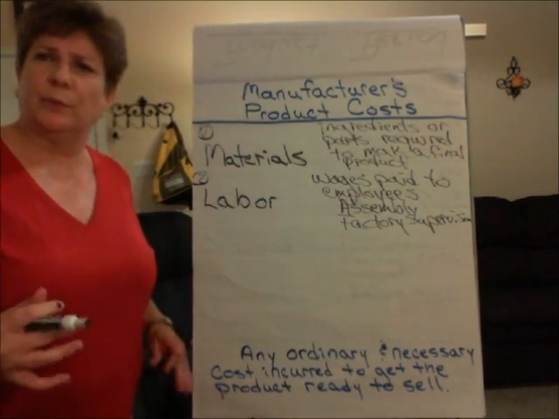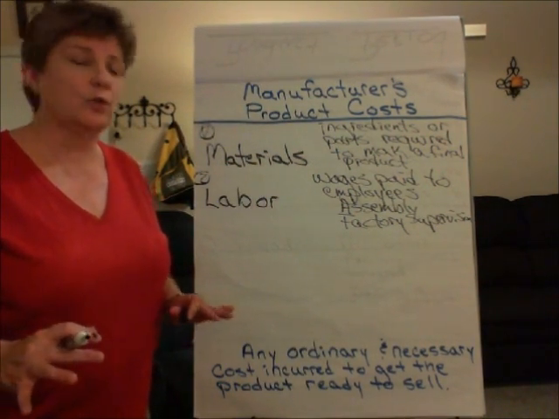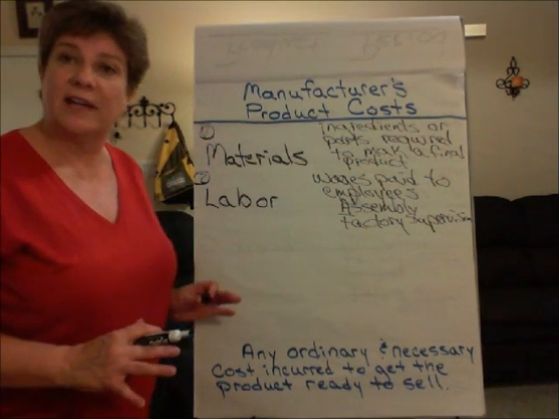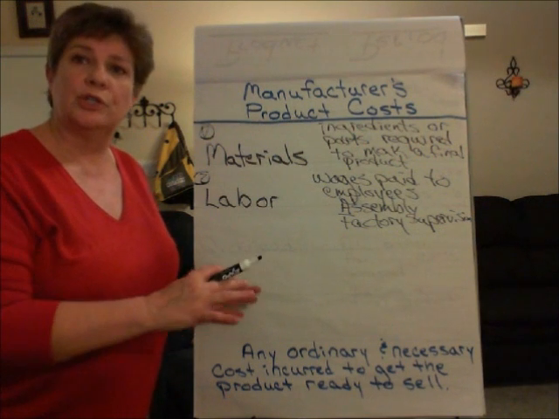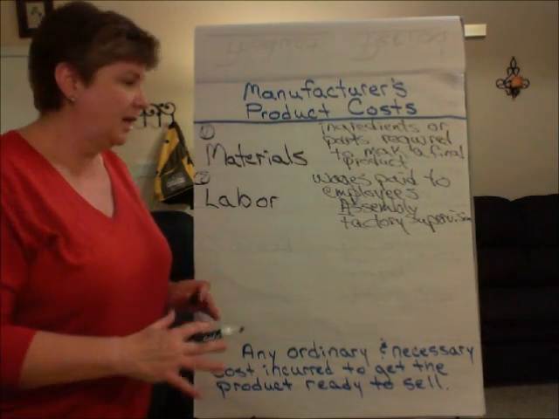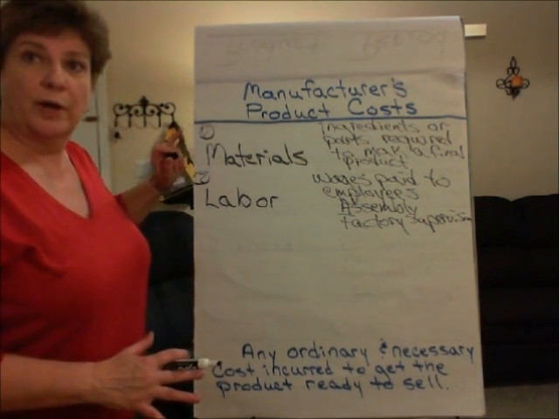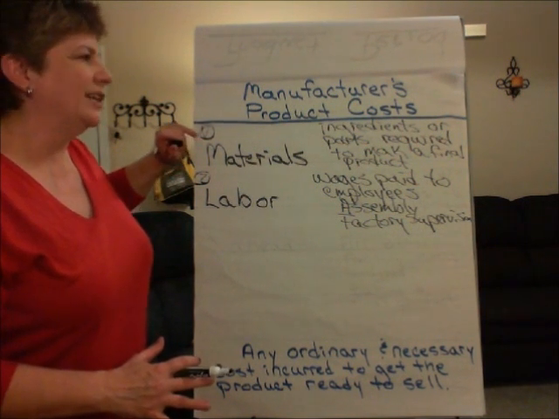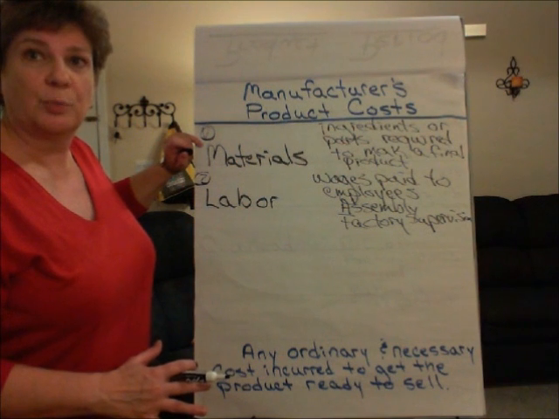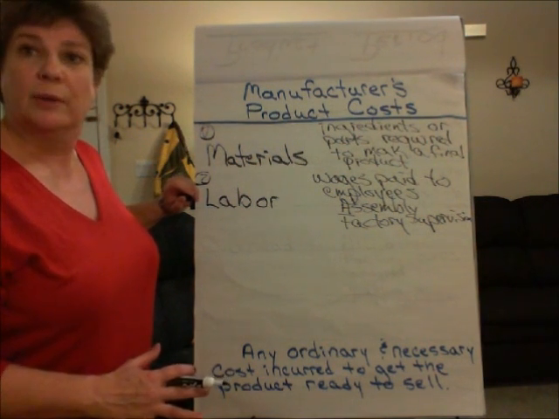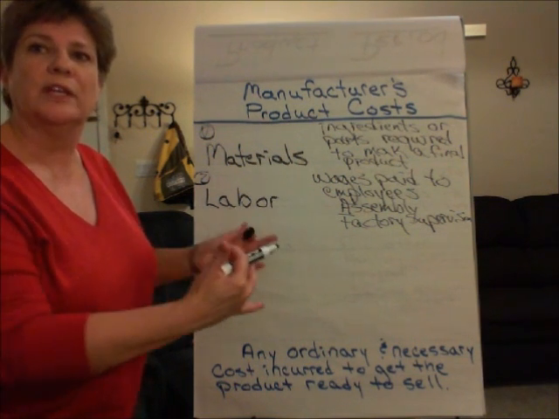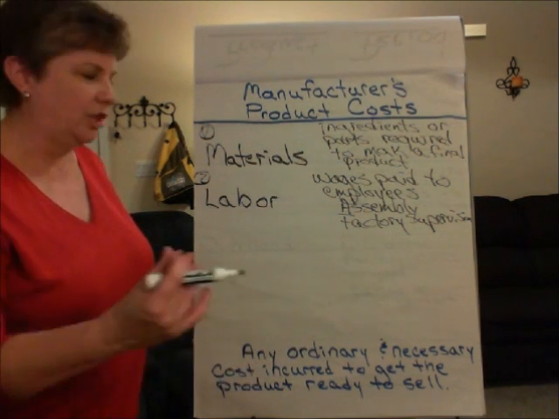So in a few minutes, when we talk about direct versus indirect, we're going to see how these two costs of labor are classified differently in relation to the cost object, the product. So materials, one product cost; labor, a second product cost; the cost of the ingredients required to make the finished product; and the cost of the employees who assemble that final product, who convert the ingredients into the finished product.